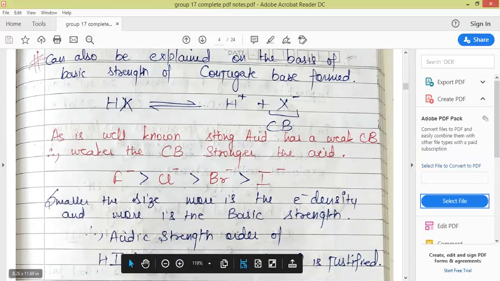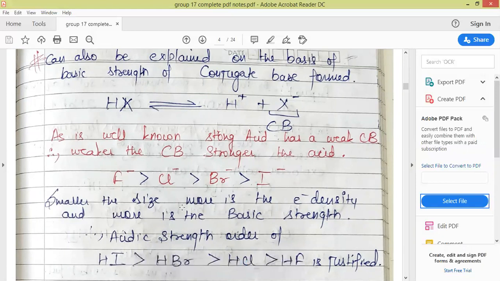Here we can see that the smaller the size, the more is the electron density. This we all know. And more electron density means more basic strength, which means a stronger conjugate base. As we know that size increases as we move from fluorine to iodine, F negative has more basic strength.